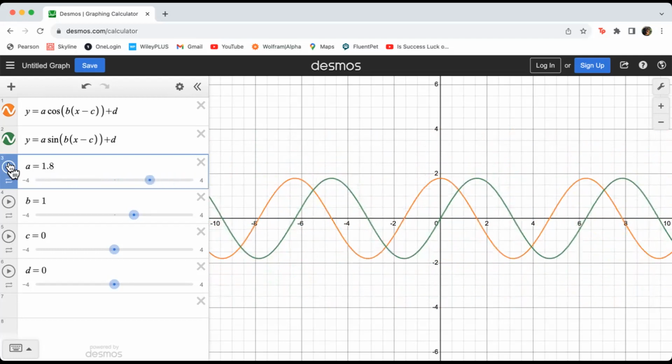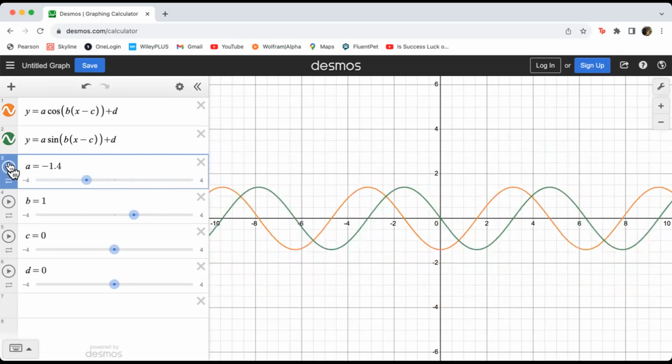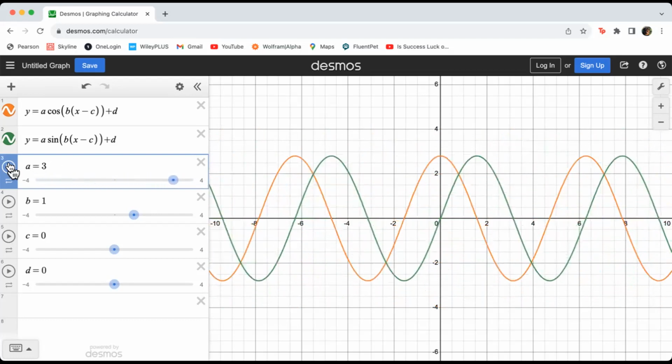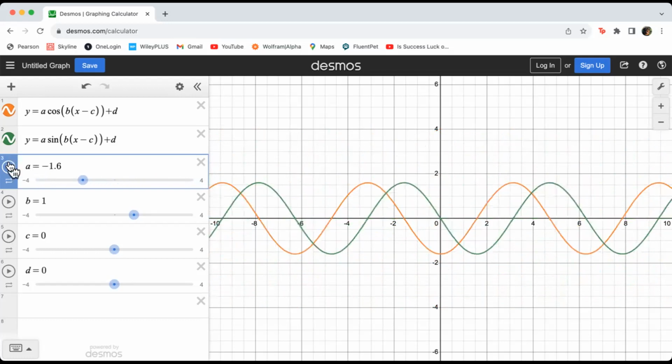Take a look at the difference between this graph and now. What happened? What's weird about this picture from where we started? Where is cosine when x is 0 in this picture?